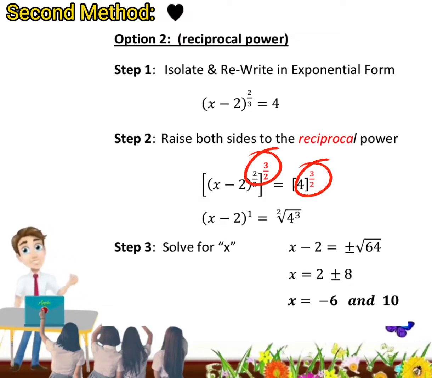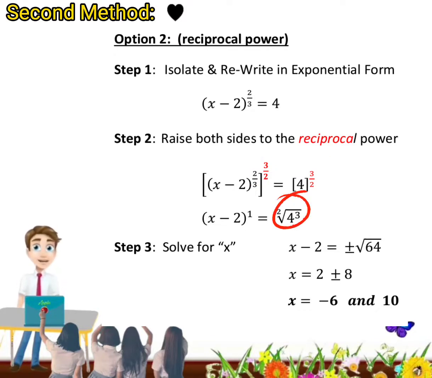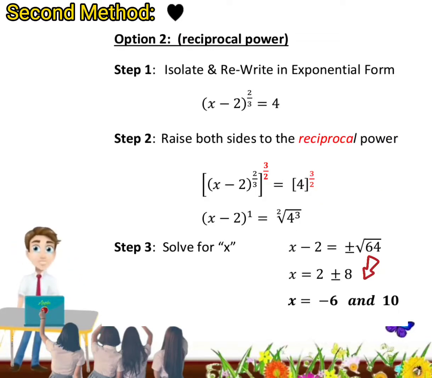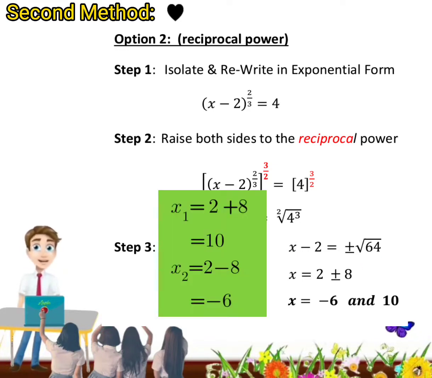And then simplifying, we have the quantity x minus 2 raised to 1, and the right side is the square root of 4 raised to 3. And 4 raised to 3 is equivalent to 64. So we have this time x minus 2 equals positive or negative square root of 64. And then solving for the square root of 64, that is positive or negative 8.